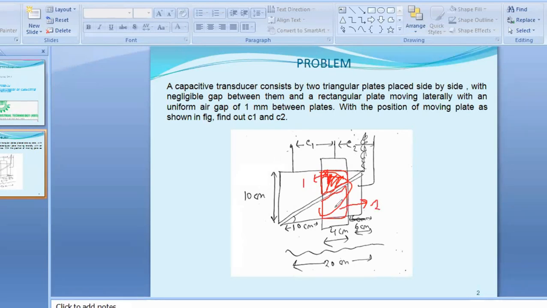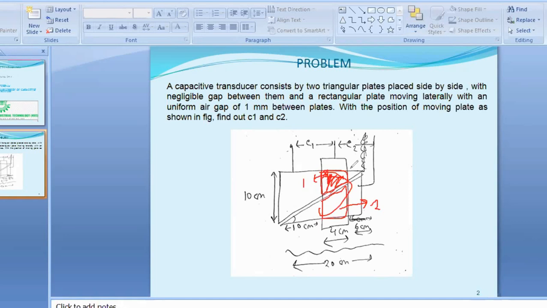So you have to calculate these two overlapping areas, because we know the value of epsilon, we know the value of D, and you need to find out the capacitor. So before obtaining the capacitor's value, you first need to find out the value of area. We will find out one by one. First we calculate C2, then we calculate C1.